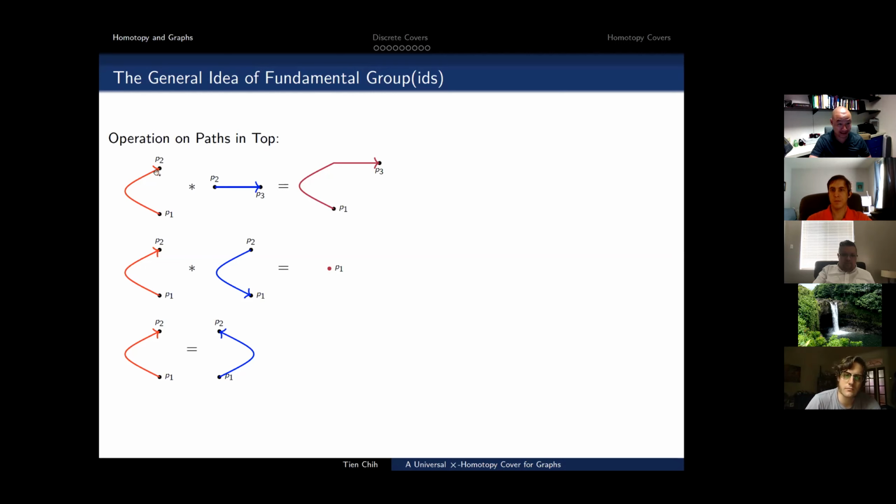One is that if I take a walk and I operate that with another walk, what I get is the extended walk, whether or not the walks begin at the same base point. This is the idea of the operation. If I take a walk and I walk it backwards, that's supposed to be the identity action. And then if I have two homotopic walks, then they should be the same.